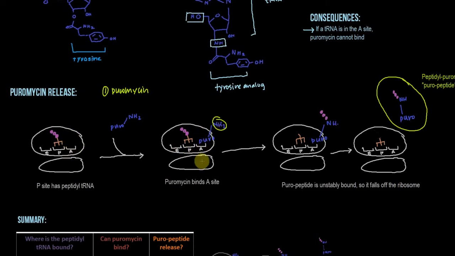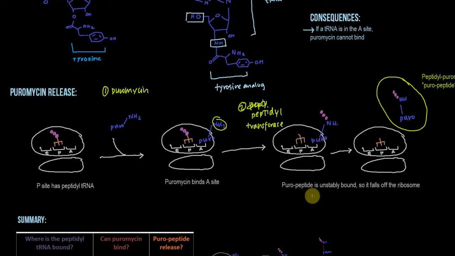It'll bind in the A site, and after that, the second step will be peptidyl transferase, or peptidyl transfer, which is catalyzed by the ribosome, to produce this peptidyl puromycin, or this puropeptide.